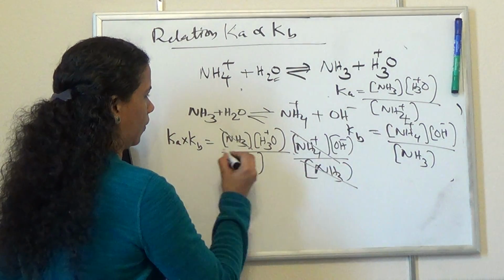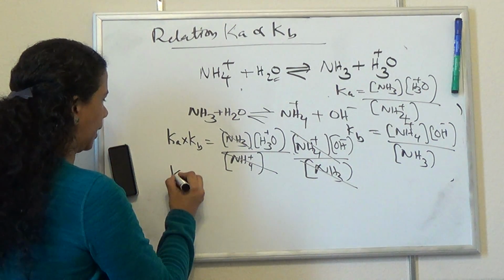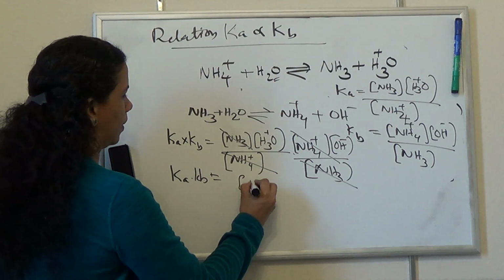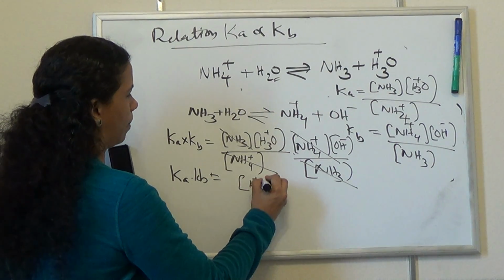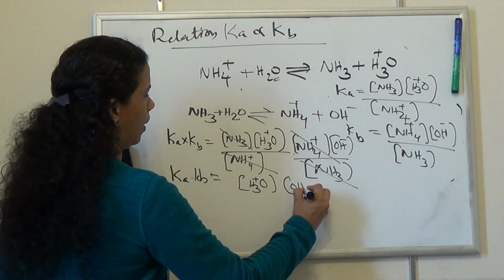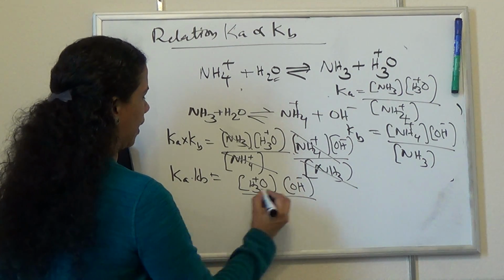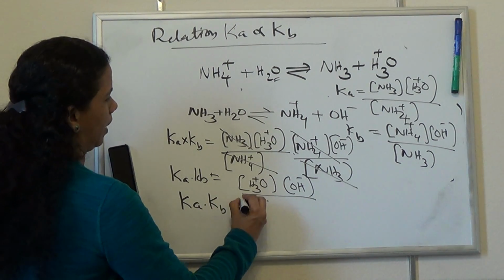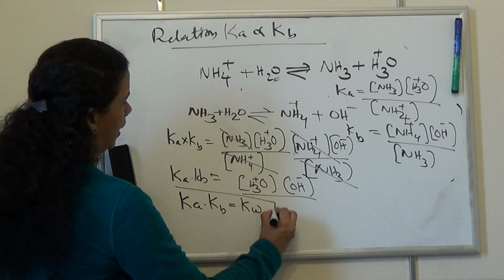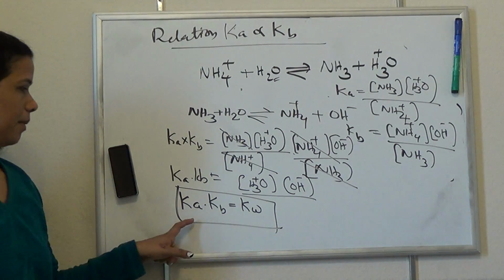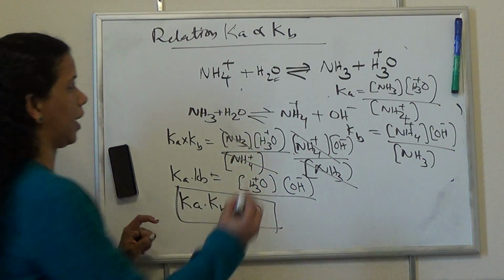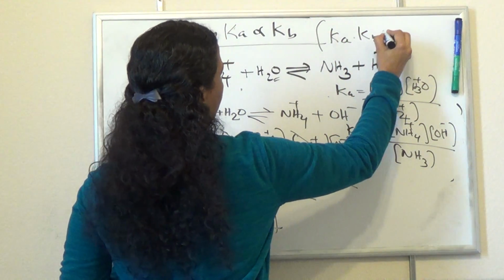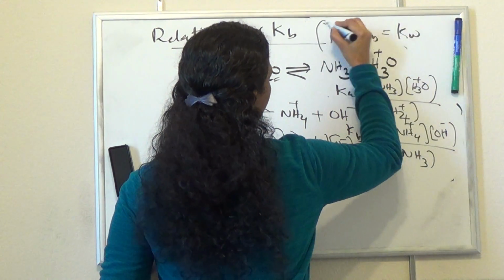Here you can cancel. So we'll get Ka into Kb is equal to the concentration of H3O plus, that is H plus, into OH minus. We know that this is Kw. So the relation between Ka and Kb is Ka into Kb is equal to Kw.